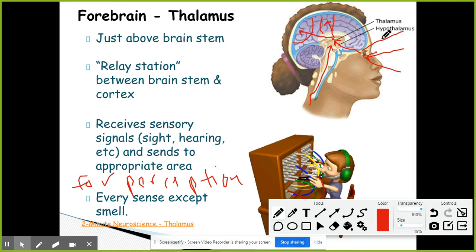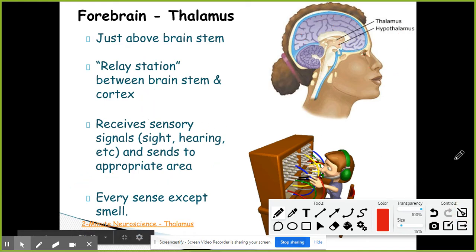The only sense that does not go through the thalamus is smell. Smell comes in, it hits some receptors right here, and we perceive smell right there. So it wouldn't make sense for it to travel all the way up to the thalamus to come back down.